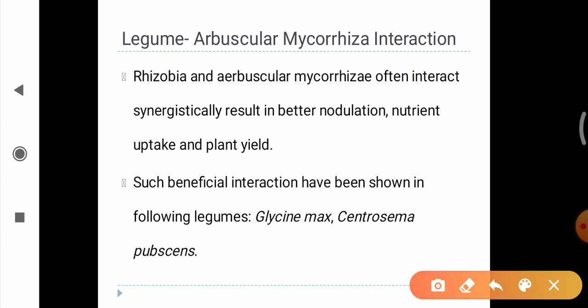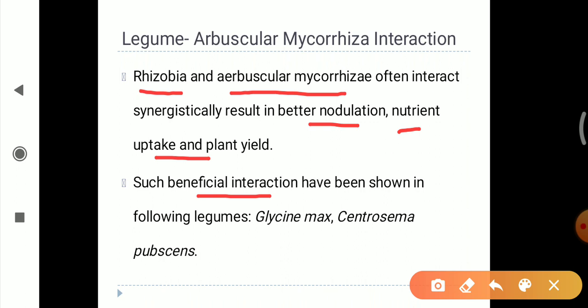Legume arbuscular mycorrhiza interaction: Rhizobia, symbiotic nitrogen-fixing bacteria, and arbuscular mycorrhiza often interact synergistically, resulting in better nodulation, nutrient uptake and ultimately plant yield. Such beneficial interactions have been shown in legumes such as Glycine max and Centrosema pubescens. This is all about VA mycorrhiza.